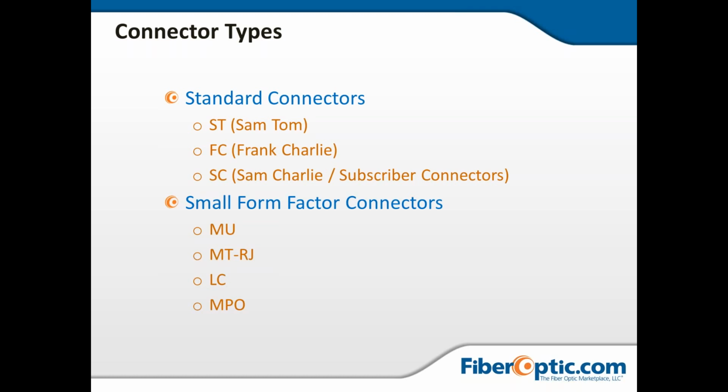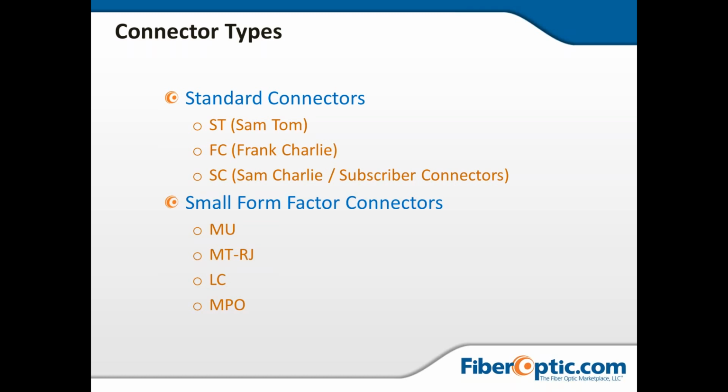Nobody really says subscriber connector, so that's why it's the old SC, the Sam Charlie. It uses a push-pull latching mechanism. That's what makes it popular. It's a fiber optic connector that can easily be placed in and taken out because of the push-pull latching mechanism.